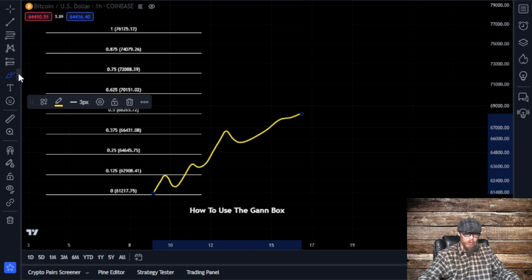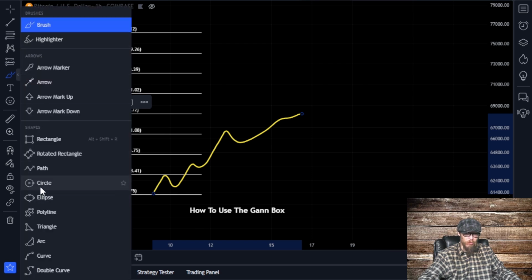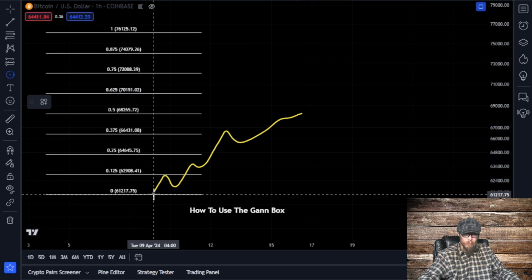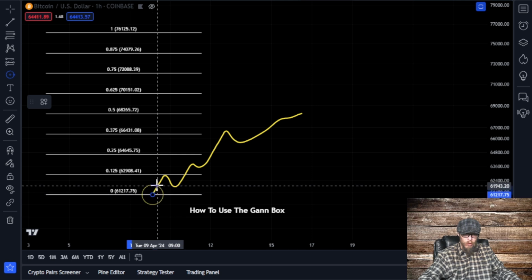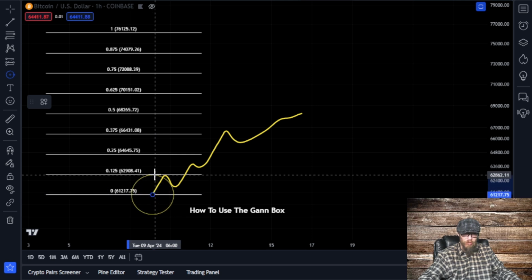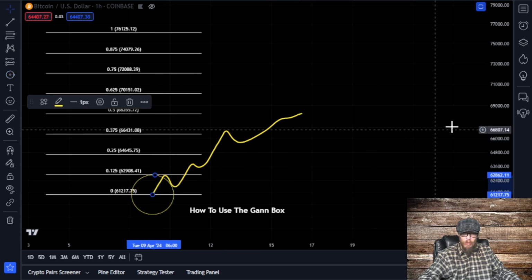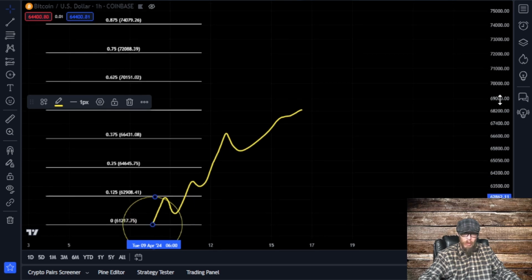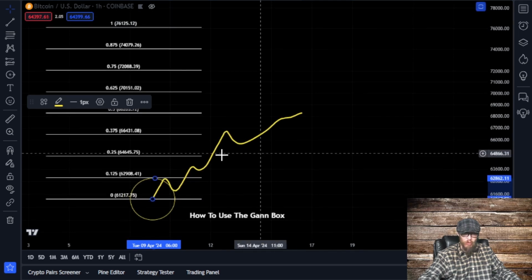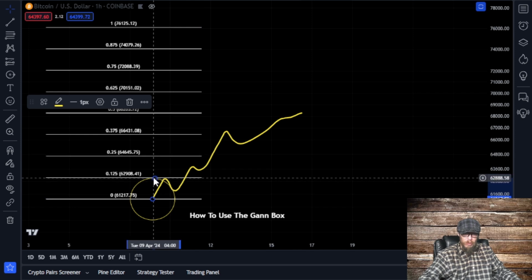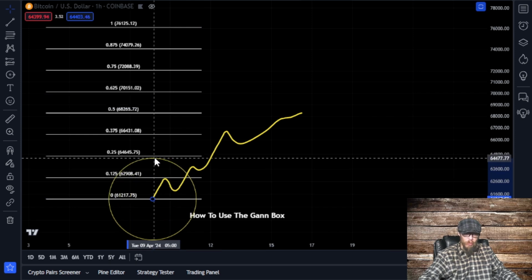The only difference is here we would take our circle tool and we would drag it up to match this first height, and then we would adjust our aspect ratio until the edge of our circle reaches the point that we want to project into the future.